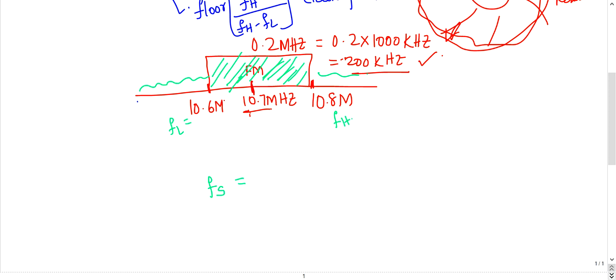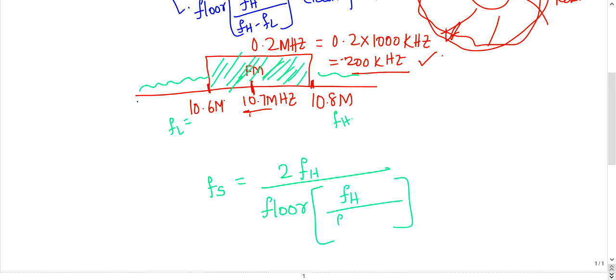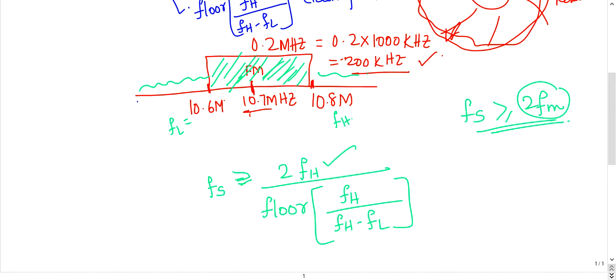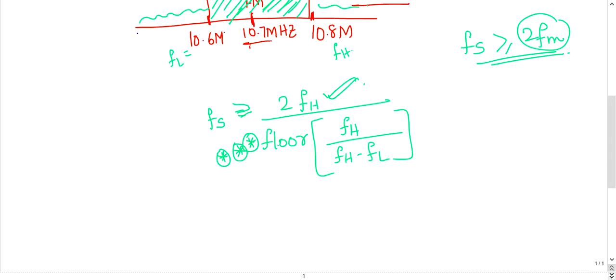The sampling frequency is given by, I'll give you a formula, try to memorize, 2 times FH divided by floor function of FH divided by FH minus FL. You already know Fs must be greater than or equal to, at minimum, 2 times Fm. In a similar way, the numerator is the same, you only need to memorize this denominator. Please try to memorize. I'll tell you what floor is.